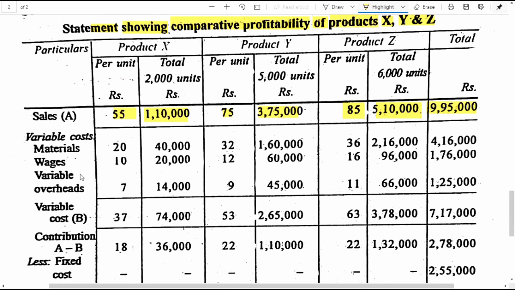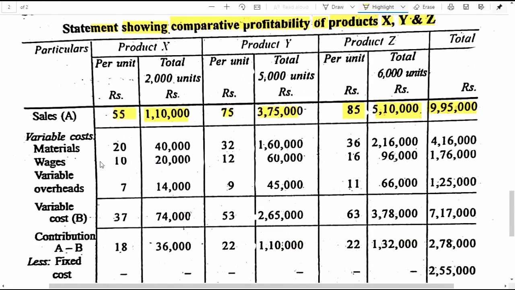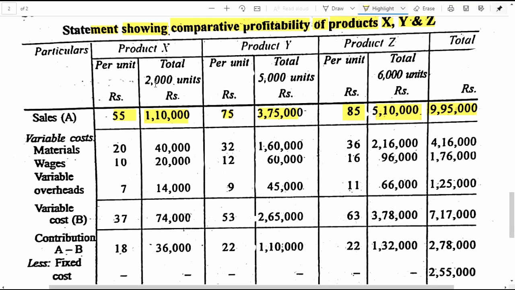Then regarding material, wages, variable overheads, they are presented as given in the problem. And the per unit material cost, wages cost and variable overheads are multiplied with the corresponding number of products X, Y and Z. See, for example, 20 rupees of material cost per unit of X into 2000, it comes to 40,000. And similarly for Y, it is 32 rupees material cost per unit into 5,000.